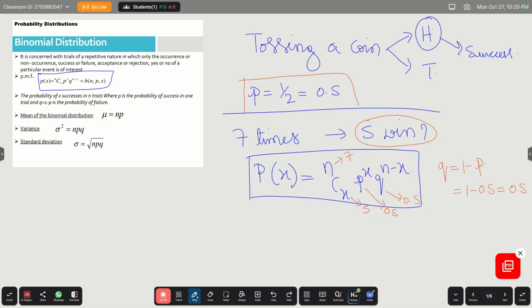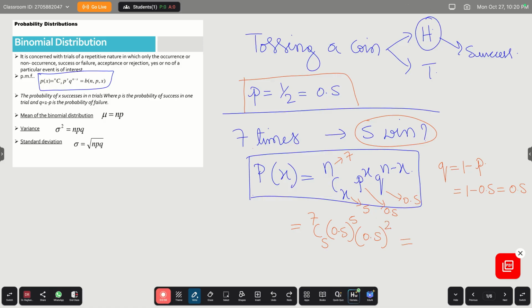So now we have all the values required, and we can very easily calculate this probability. Let me do this one for you. It is 7C5, 0.5 power 5, since the x value is 5, and q to the power n minus x. n is 7 and x is 5, so 7 minus 5 is 2.